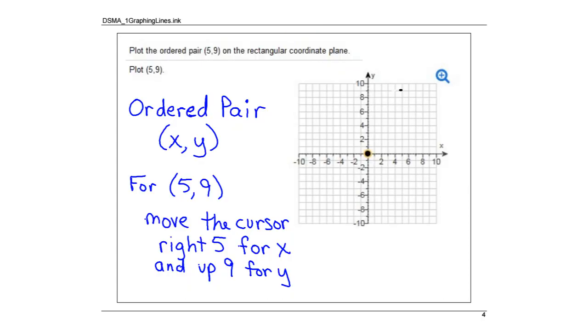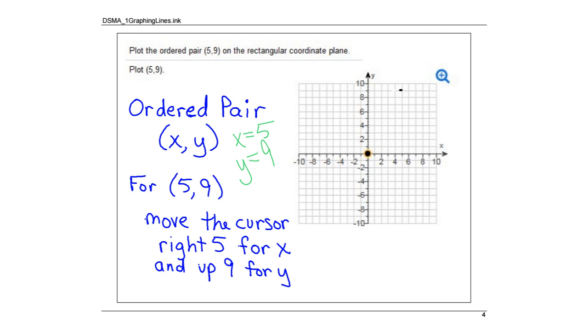Okay, so for this problem, we want to plot the ordered pair (5, 9). So what that's telling me is that x is equal to 5, y is equal to 9. It's always going to be x first and then y. With this software package, you're going to click on that little dot in the middle and drag it with your mouse.